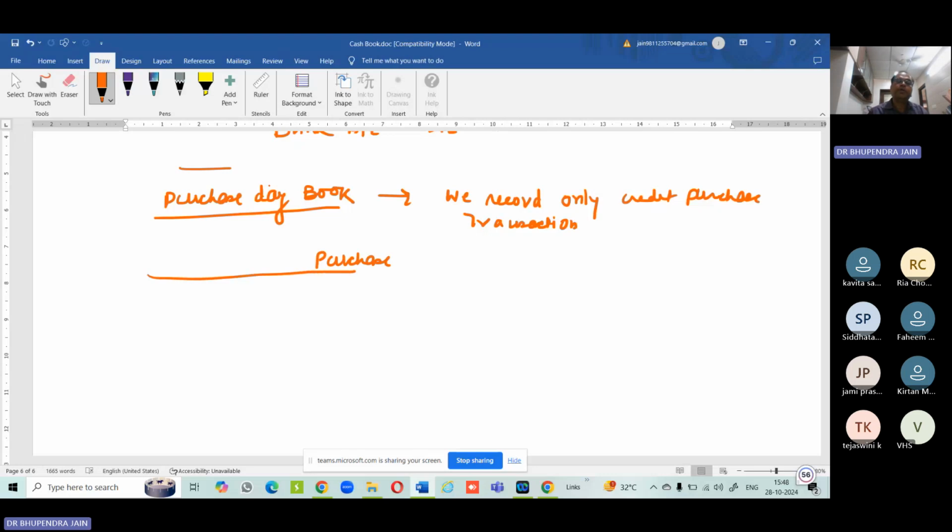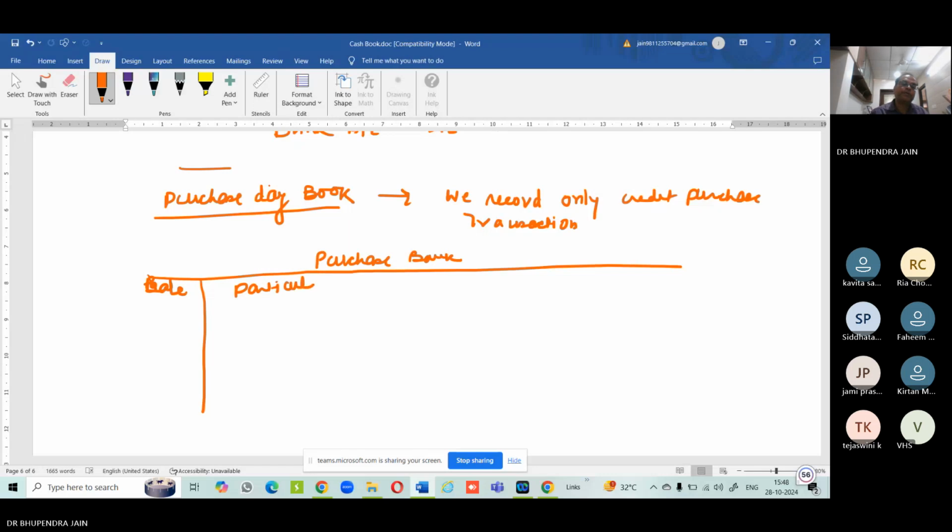We will prepare the purchase book using this type of format. The first column is date. The second column is particulars. The last column is remarks. The second to last column is amount.